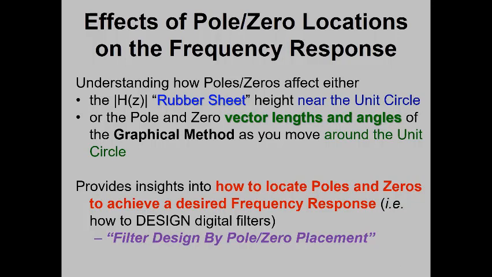The idea is we want to gain some insight into how pole zero locations affect the shape of the frequency response of the system, so that we could actually design some digital filters based on moving around poles and zeros in the z-plane, which is a legitimate design method. It's known as filter design by pole zero placement.